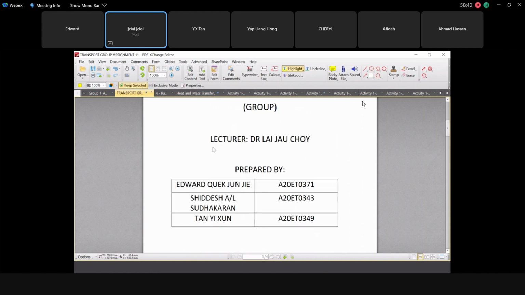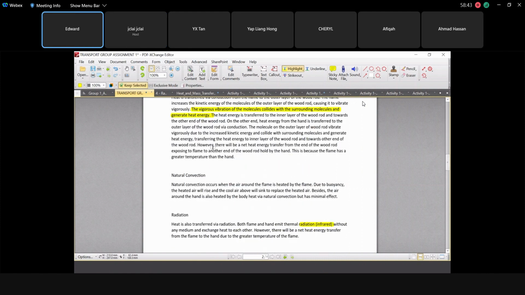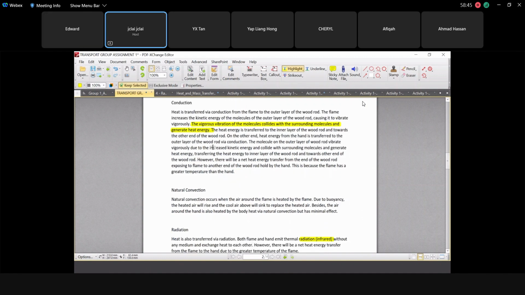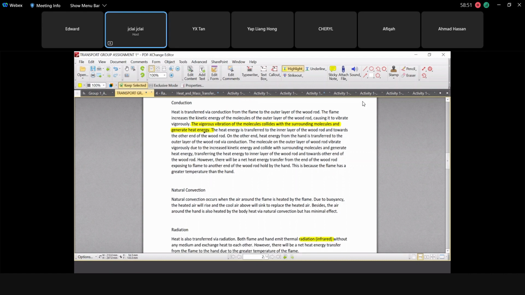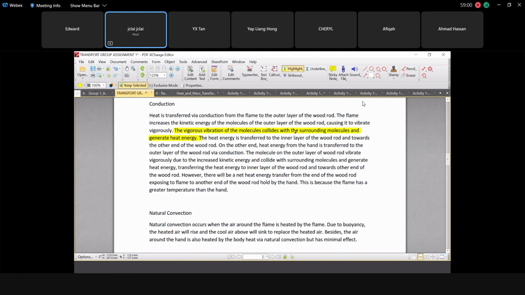Group 6? Let me check. Yes, Doctor. Okay, so I have a question here. It says, vigorous vibration of the molecule collides with the surrounding molecules and generates heat energy. Is that correct?